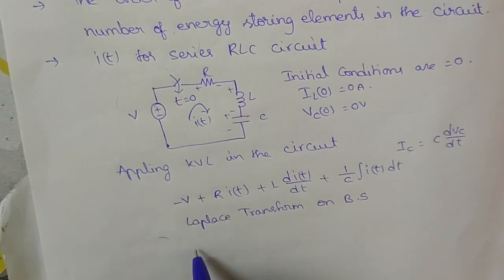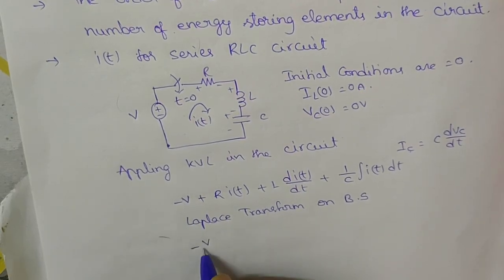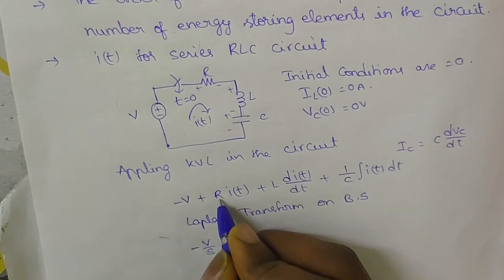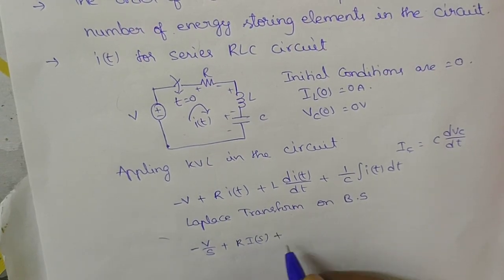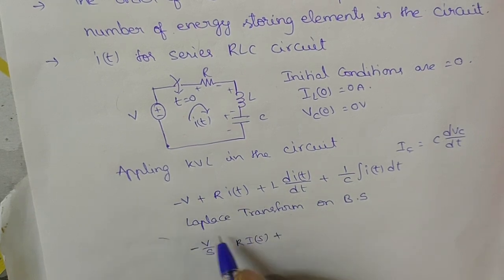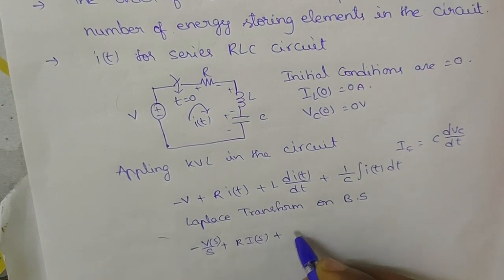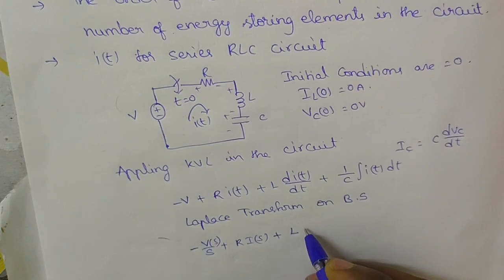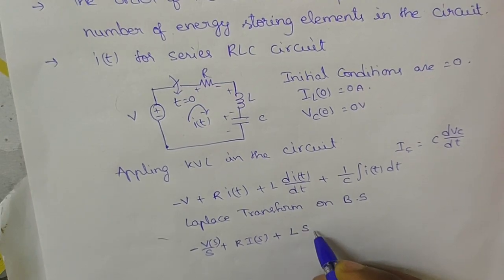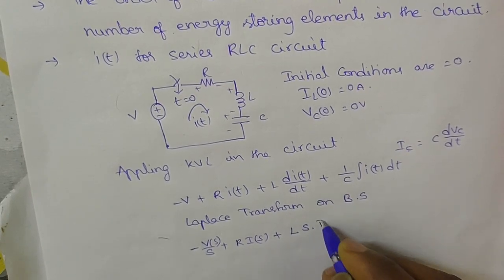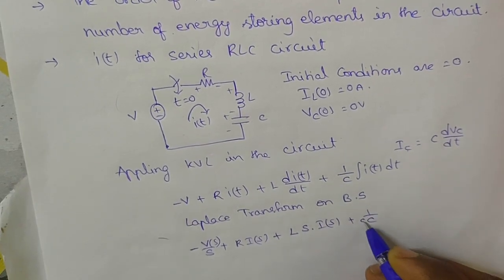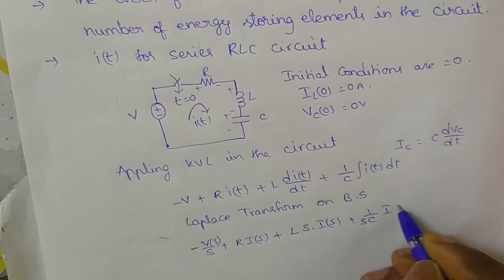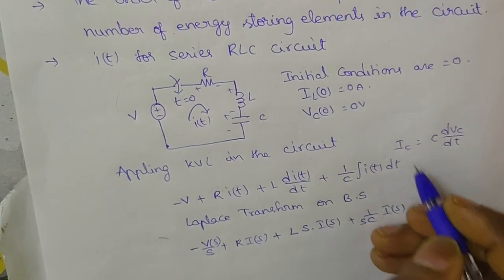Laplace transform of V is minus V of S, plus R into I of S, plus L into the derivative, which in Laplace is S multiplied, so L S I of S, plus 1 by C integration, which will become 1 by S, I of S, is equal to 0.